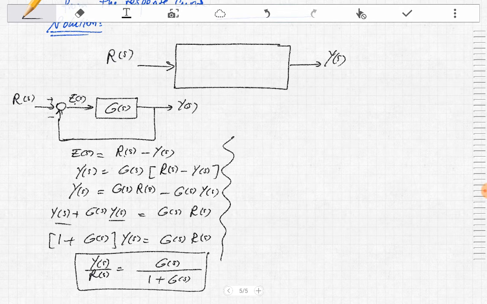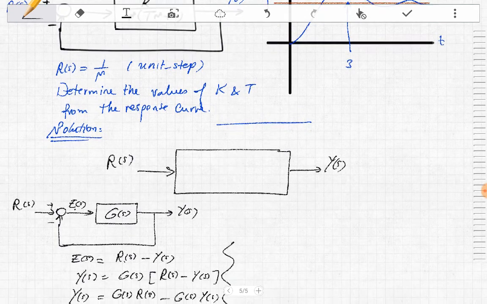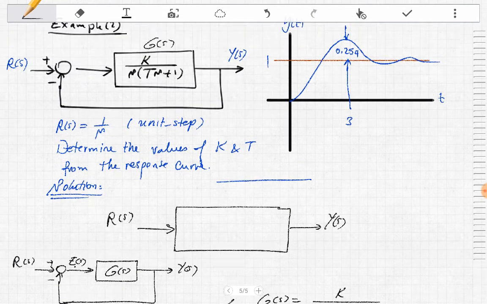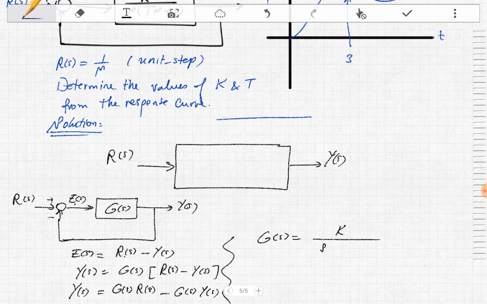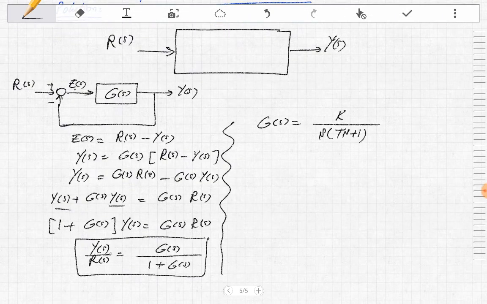What's your G in this example? Exactly, this is your G of s. So G of s is equal to K over s times (Ts plus 1). That's your G. The transfer function Y over R that you wish to put here, you use this formula.